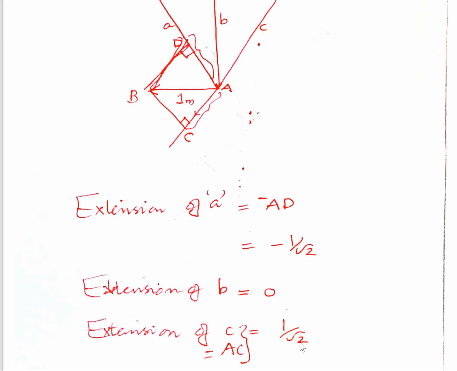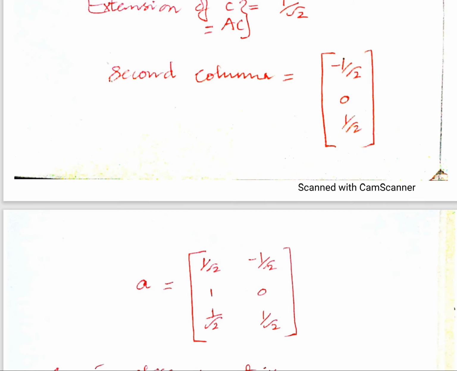So our second column will be minus 1 by root 2, 0, 1 by root 2. So our A matrix, displacement transformation matrix, is as shown here with two columns corresponding to small r1 is equal to 1 and then small r2 is equal to 2.